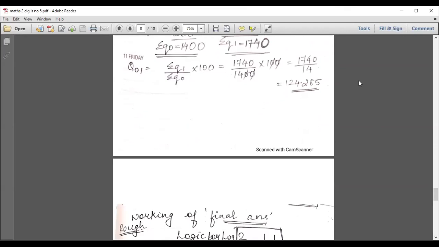Just have a look at this particular thing. Just give me 2 minutes. Just a sec. Yeah, so this is how the log table looks.